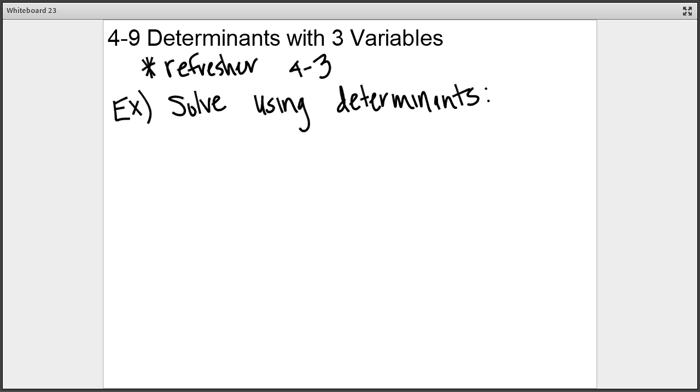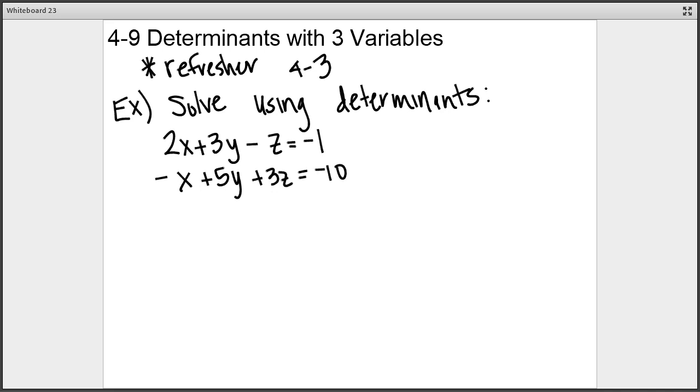Okay, so the system we're going to use to solve this is 2x plus 3y minus z equals -1. That's your first equation. Second equation is negative x plus 5y plus 3z is equal to -10.